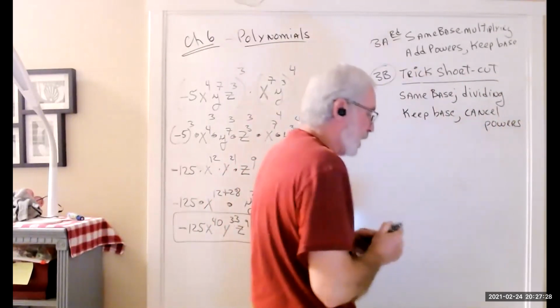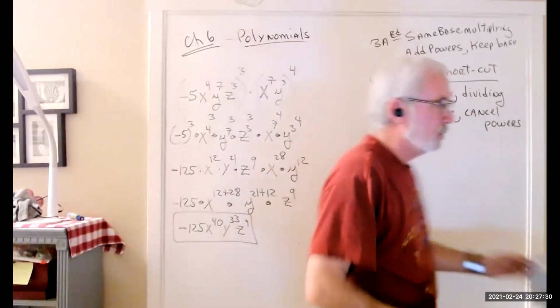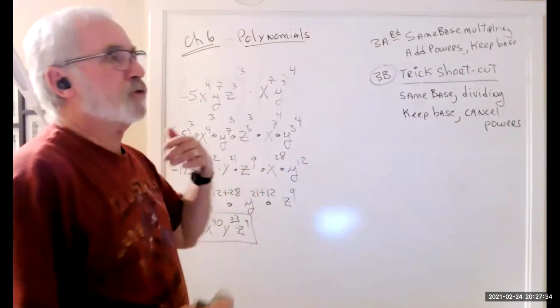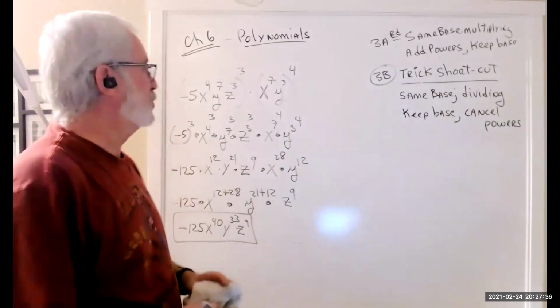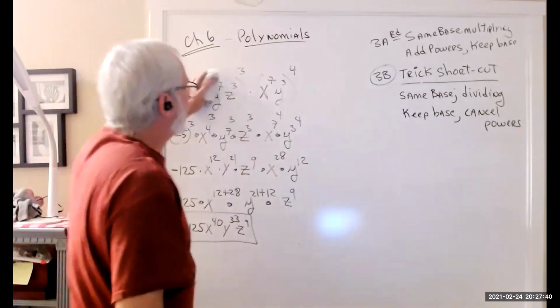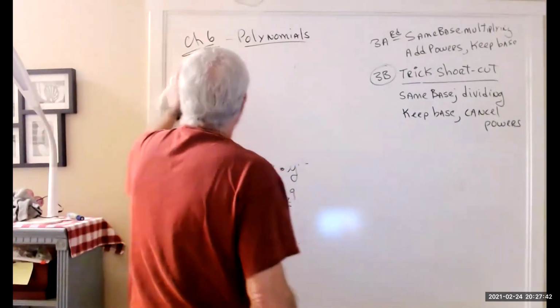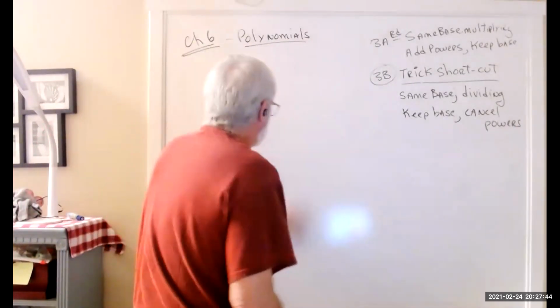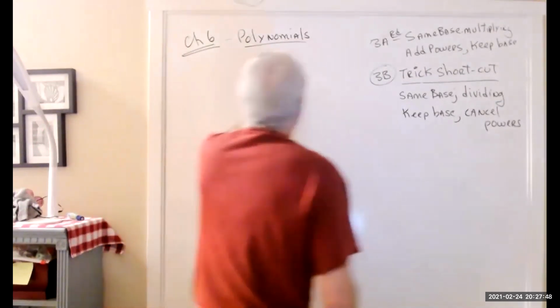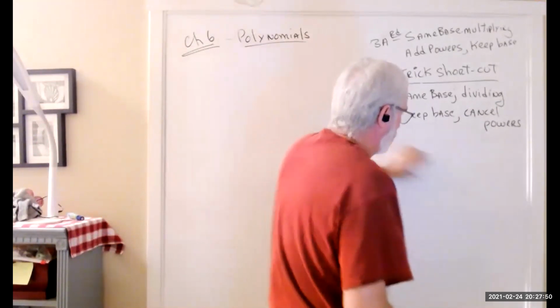Now, this is not the official rule, not by a long shot, but it's the rule that's easiest for students to use. And after a lot of discussion with a lot of instructors, they like this first, and then eventually they'll show you the real rule.